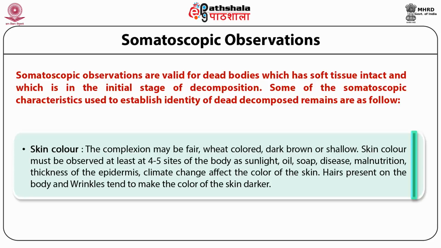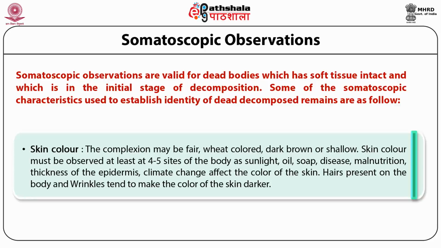Skin color must be observed at least at 4 to 5 sites of the body, as sunlight, oil, soap, disease, malnutrition, thickness of the epidermis, and climate change affect the color of the skin.